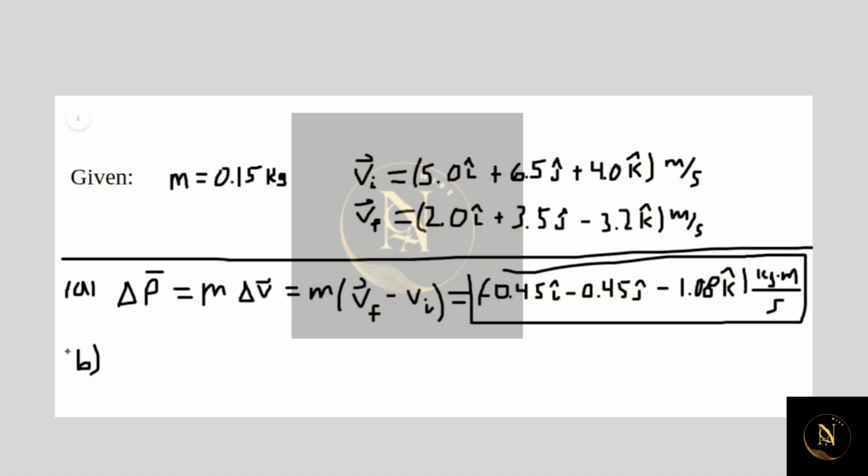Part B wants us to find the impulse, but the impulse is the same as the change in the momentum, which is delta P. So this is also going to be, we can pull the negative sign out front, negative 0.45 i hat plus 0.45 j hat plus 1.08 k hat.